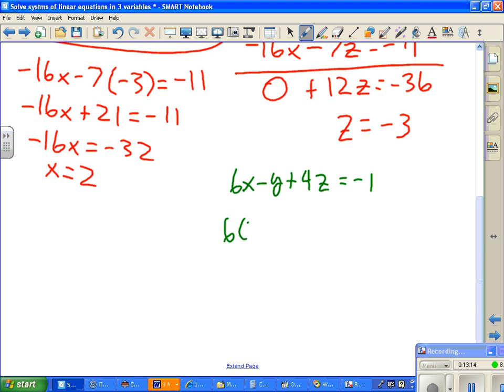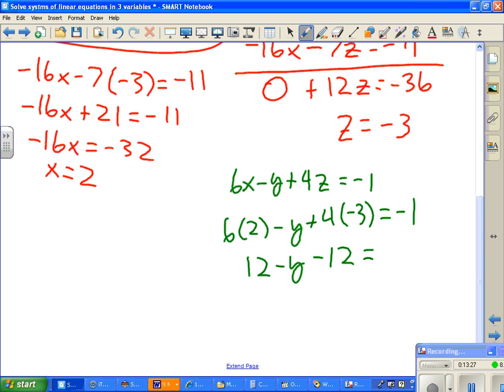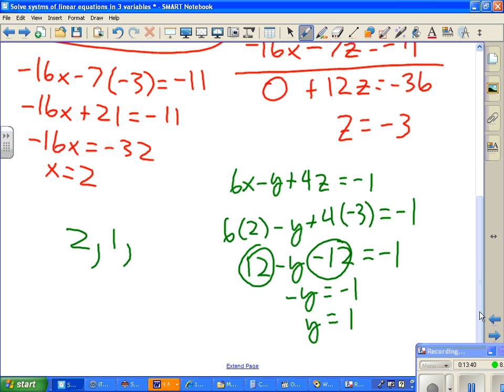So 6 times 2 minus y plus 4 times negative 3 equals negative 1. 12 minus y minus 12 equals negative 1. Look at that. My 12s go away. So I have negative y equals negative 1, which means y equals 1. So my answer when I'm all done is 2, 1, negative 3. x, y, z. There's my answer.